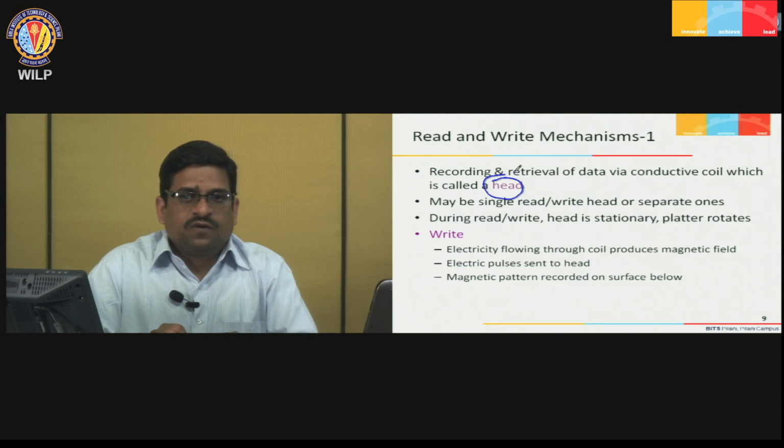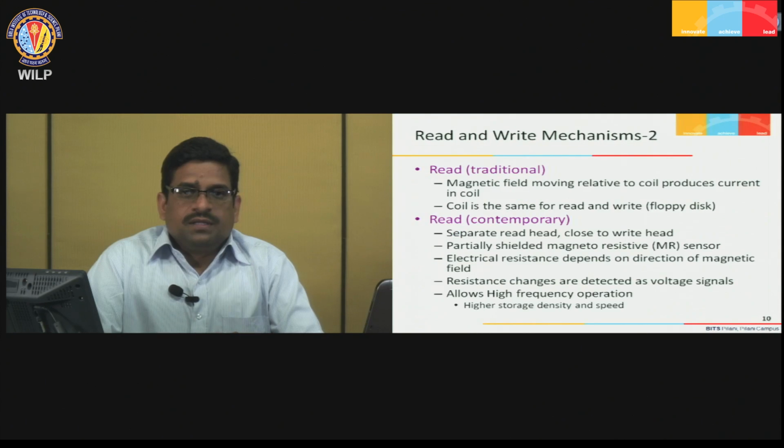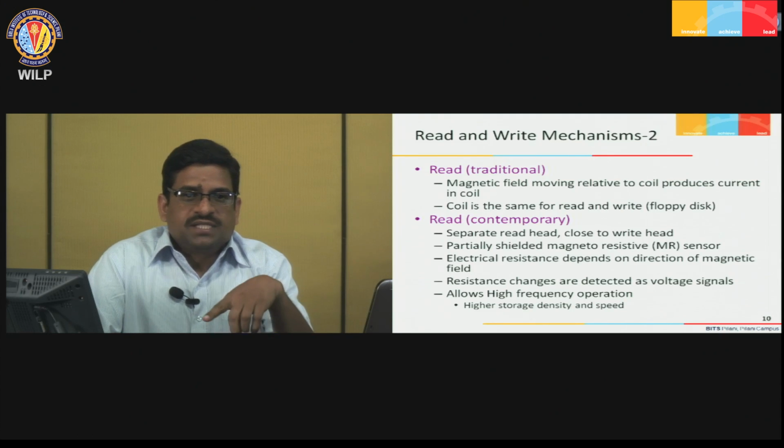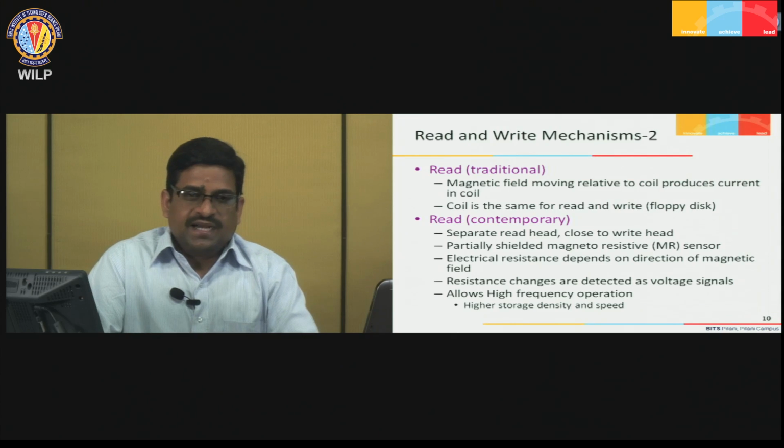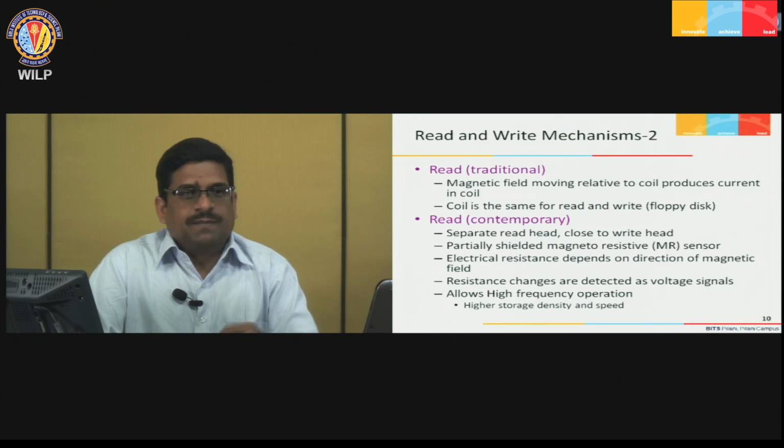The current flowing through the coil, which is the head, produces a magnetic field. The electrical pulses sent to the head create a magnetic pattern on the magnetized material, and that pattern is recorded as information. That is the writing process. For reading, the head is exactly on the desired information, the magnetic pattern is already recorded, and that pattern has to be read.